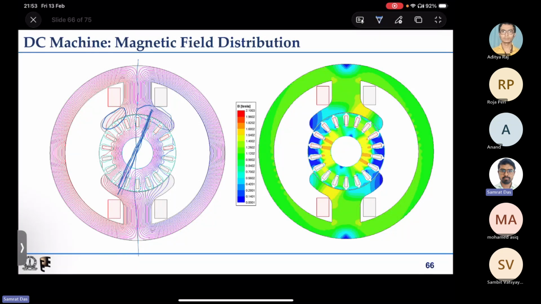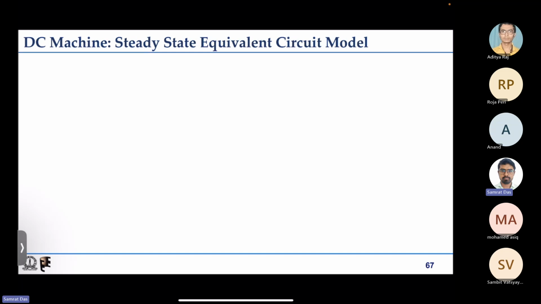If two fields are there, the resultant field in the air gap shifts a bit and is not perfectly aligned to either of the original fields. Because of the tilt only, there is a continuous torque production, and we'll discuss that.